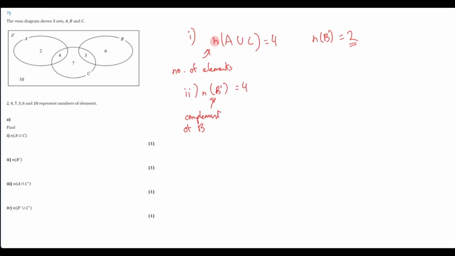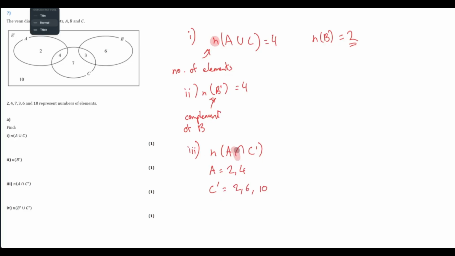Okay, part 3. Now, if you do struggle with these questions where it starts to mix and match different types, what I'd recommend is just list out what's in each. So for example, A, what do we have in A? We have 2 and 4. What do we have in not C? Not C would be 2, 6, and 10.